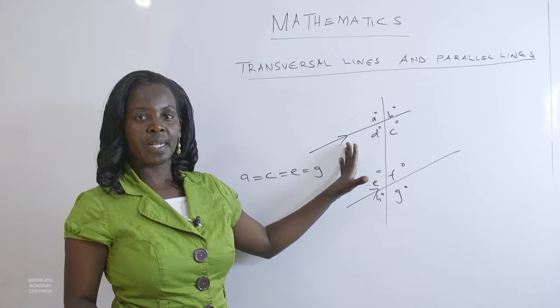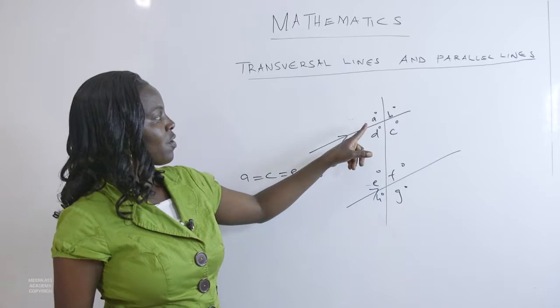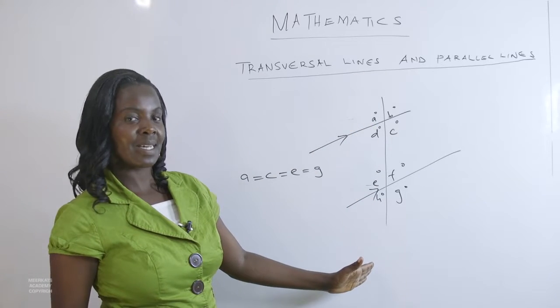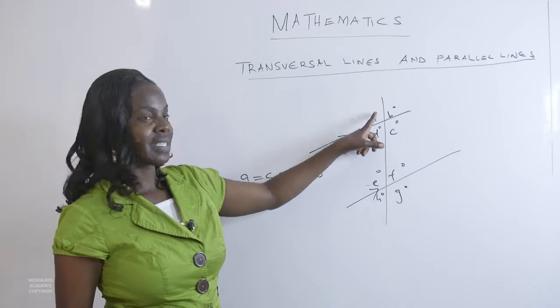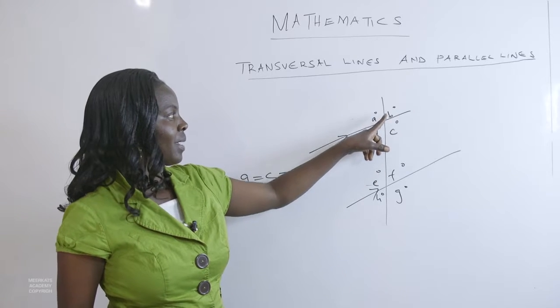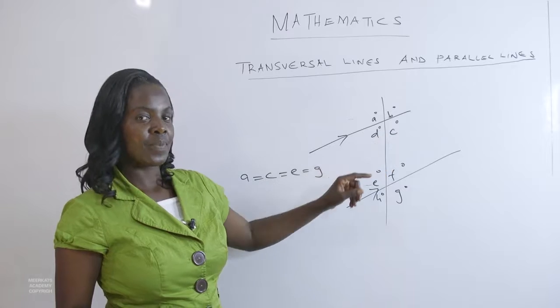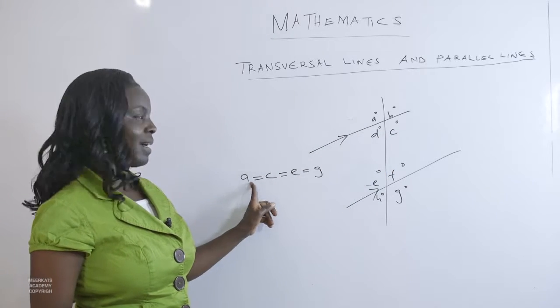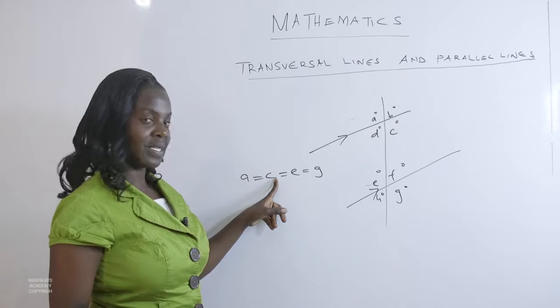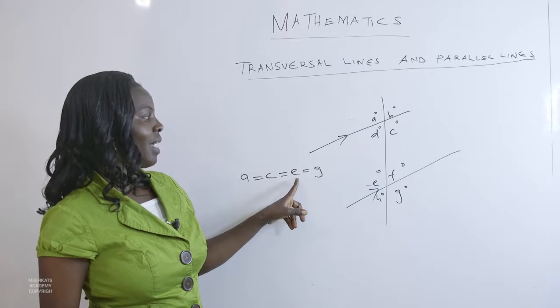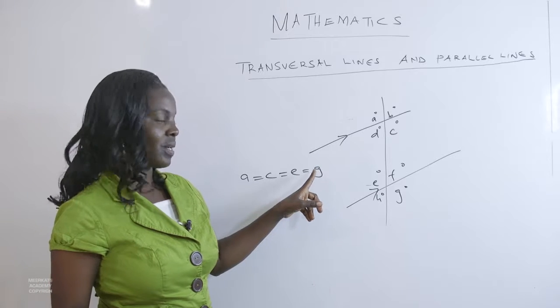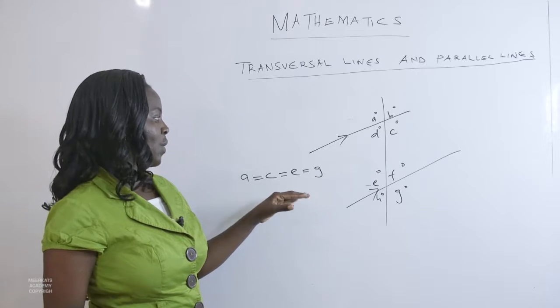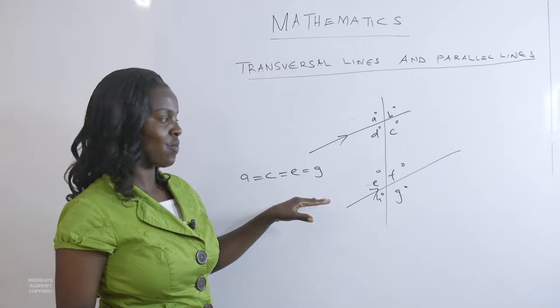So if we have two parallel lines, with a transversal cutting across the two lines, then we have these angles being formed, angle A, B, C, and D. From what we have just learned, angle A is equal to angle C, which is equal to angle E, and it's also equal to angle G. Let's understand why all these angles are equal.